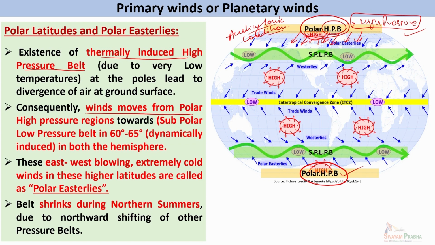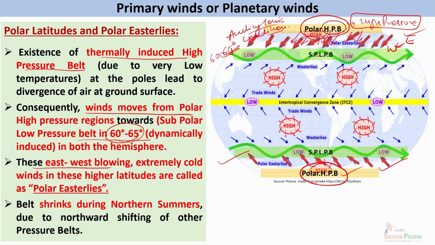Consequently, the winds move from the polar high pressure regions towards the subpolar low pressure belt regions, which are located somewhere around 60 to 65-degree latitudes in both the hemispheres. These winds are primarily east-west blowing winds. Their general direction is from east to west.